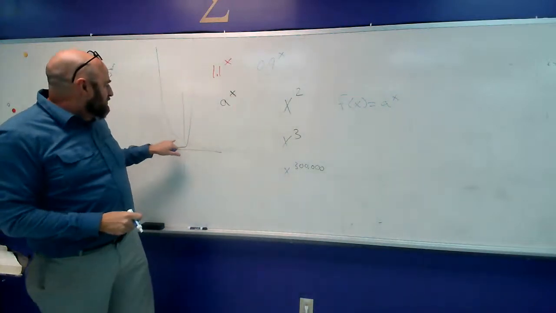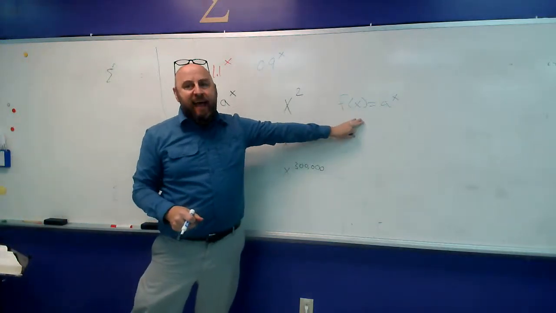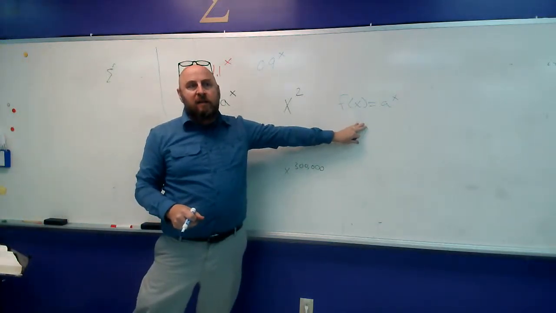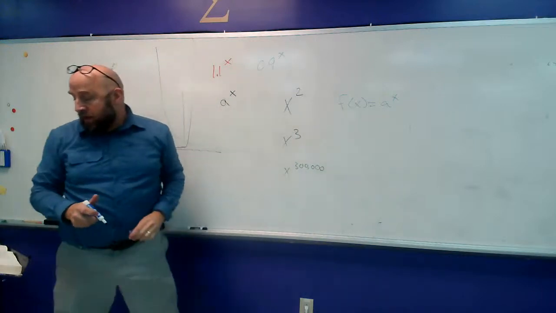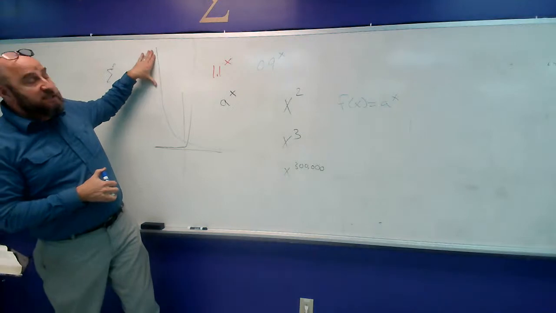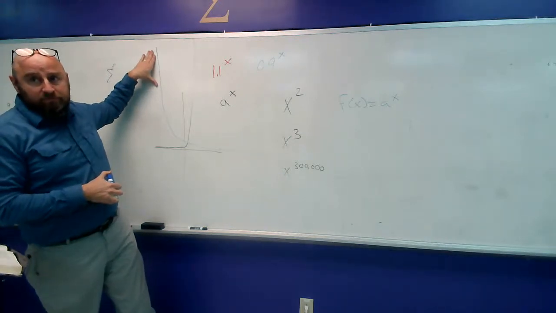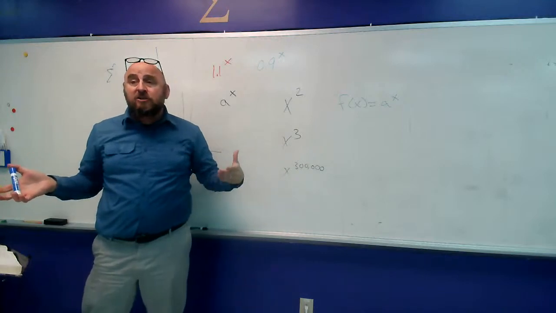And as we said, this black graph is the graph for any a that is greater than 1. Now, if a is between 0 and 1, this is the graph. Now the question is, can this change? Can your function change? Yeah.